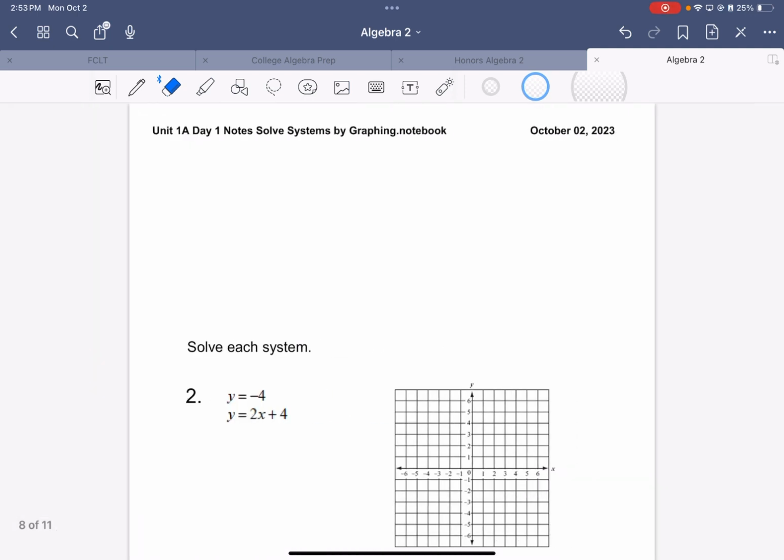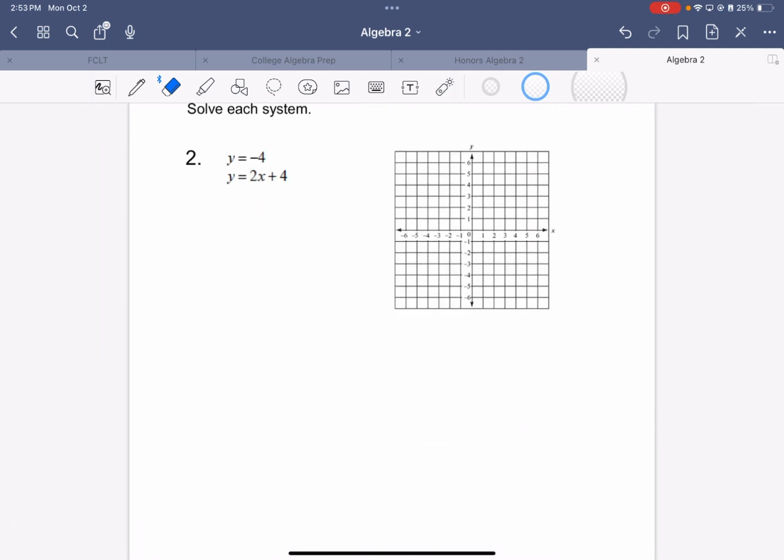Let's look at y equals negative 4 and y is equal to 2x plus 4. So again, we've got two equations, y equals negative 4 and y equals 2x plus 4. The first thing we're going to graph is y equals negative 4.